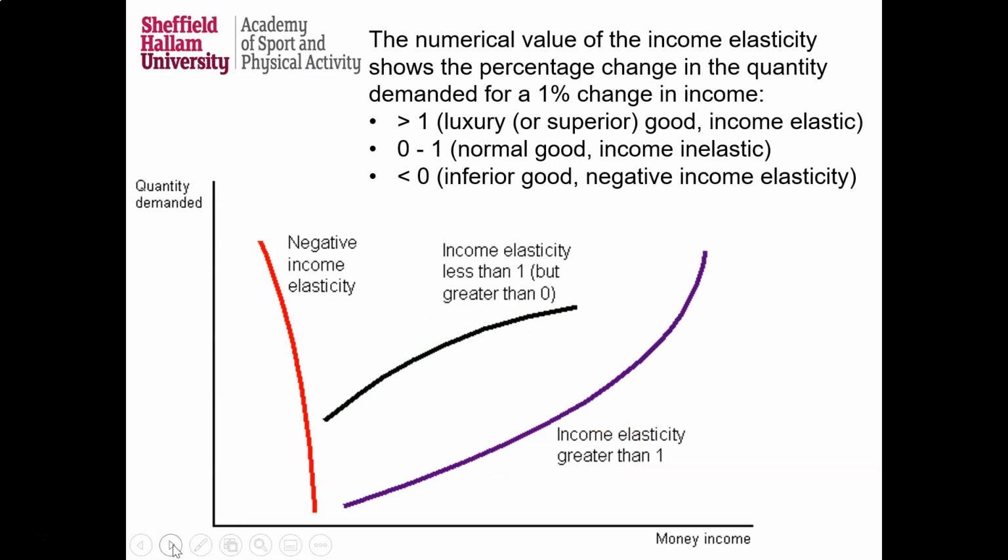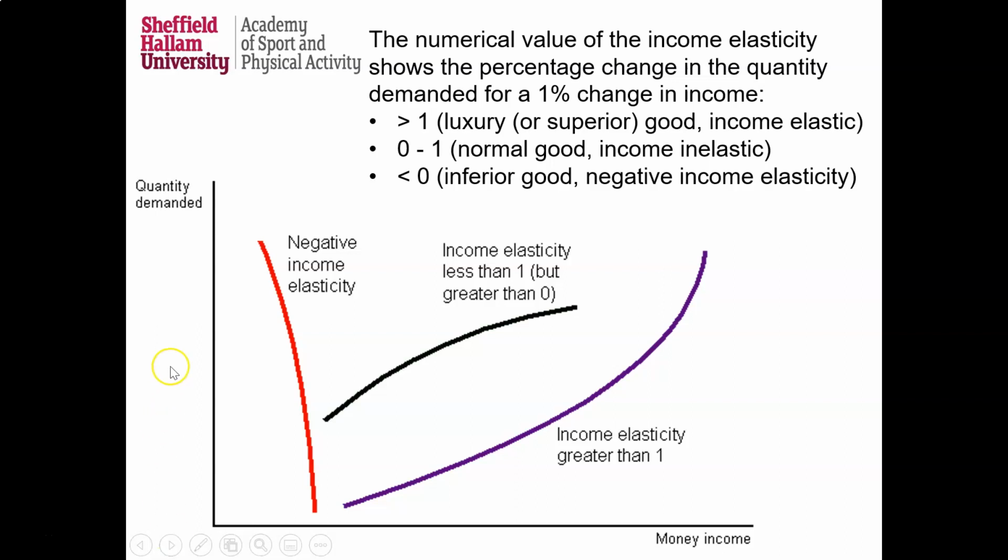Now, what income elasticity of demand allows us to do is to group goods into different categories. And this chart here shows us luxury, normal and inferior goods in economic terms. So what do these terms mean?